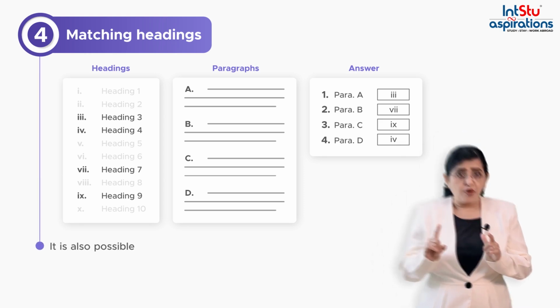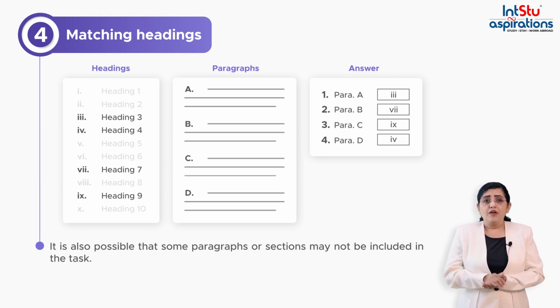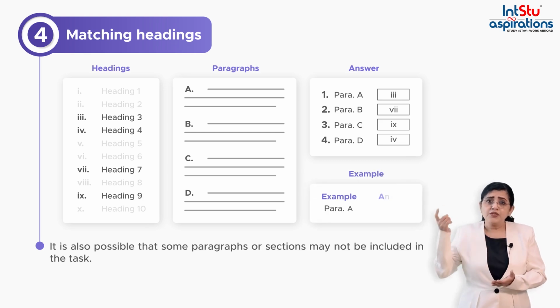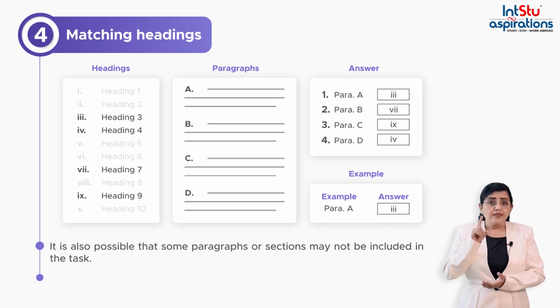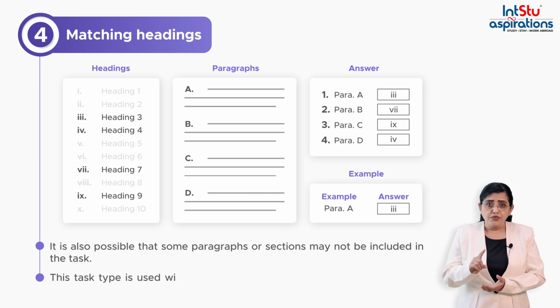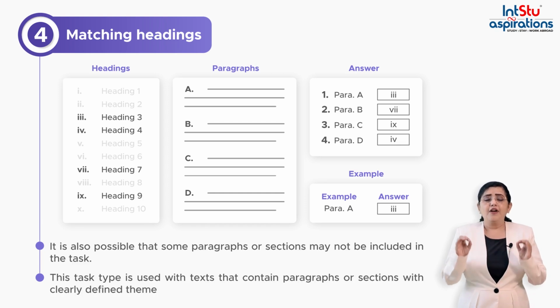It is also possible that some paragraphs or sections may not be included in the task. One or more paragraphs or sections may already be matched with the heading as an example for test takers. This task type is used with texts that contain paragraphs or sections with clearly defined themes.